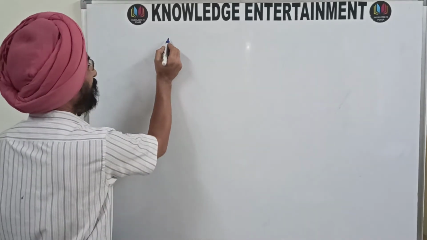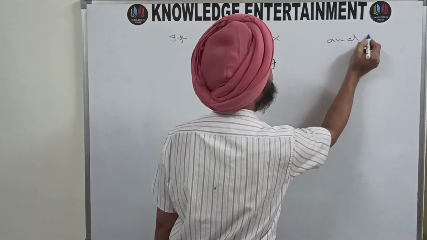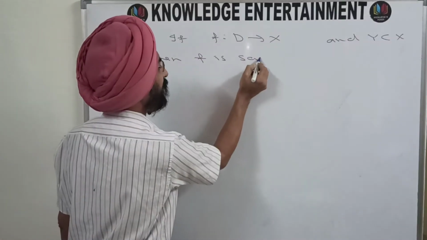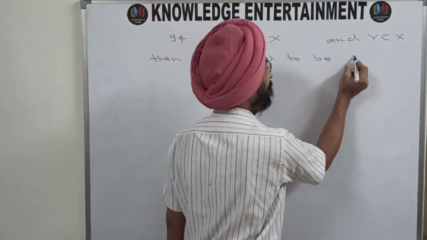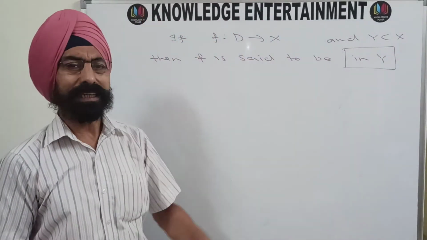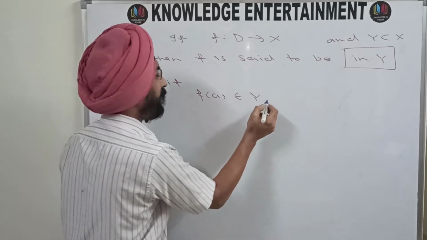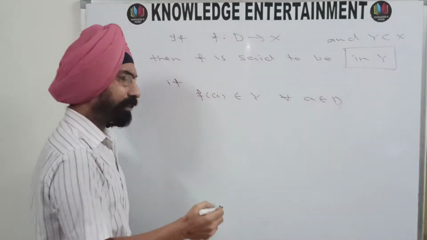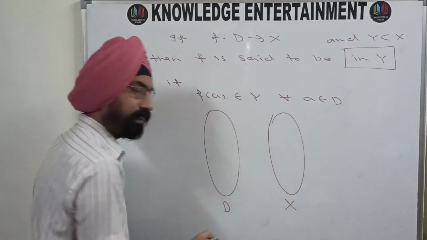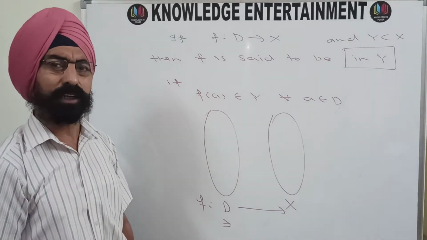So this is the notation, and now I am moving on to three basic definitions. The first one: if f is from D to X and Y is a subset of X, then f is said to be in Y, I am stressing in Y, if f of A belongs to Y for every A belonging to D. That means here is your domain D, here is your codomain X, f is the function from D to X, and D has a binary operation greater than or equal to.